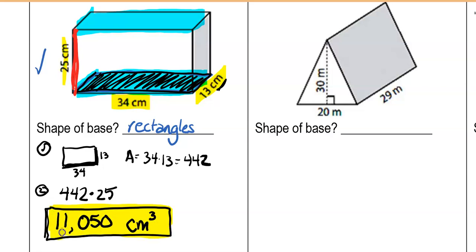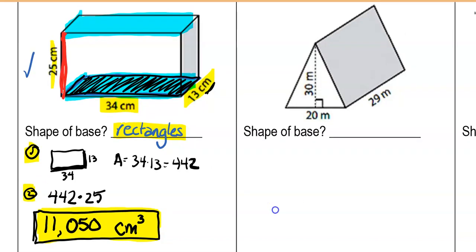But again, that trick only works if your bases are rectangles. If you have any other type of base, well, then we've got an issue. But this two-step process is going to take care of those issues and work the same every single time.